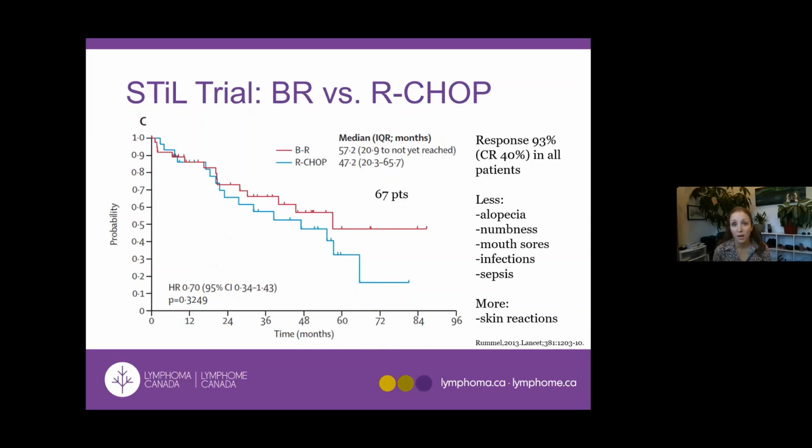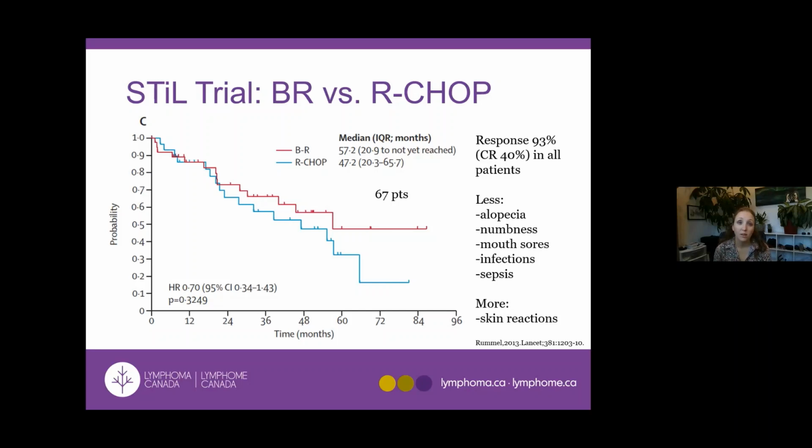R-CHOP is very effective therapy, but it does result in the common things that we think about with chemotherapy, like hair loss, numbness in the fingers and toes, mouth sores, nausea, etc. So the question was, is there a different combination that will have a high response rate and less of those toxicities for a slower growing lymphoma, where we don't necessarily need to hit it as hard and fast as we were doing with R-CHOP before. And this study looked at all indolent or slow growing lymphomas.